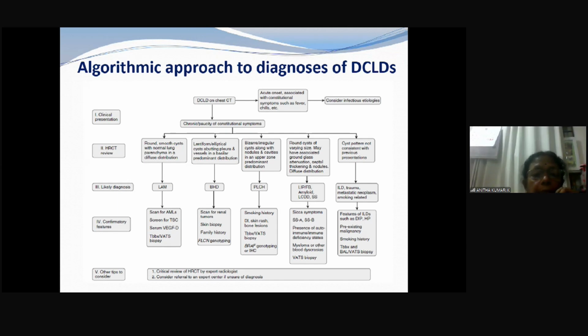The typical shapes, we said: smooth round cysts suggest LAM, lentiform or elliptical suggest Birt-Hogg-Dube, bizarre shaped suggest PLCH, and round cysts of varying size associated with ground glass, think of LIP. Then you do the confirmatory tests which I have described, and then you can come to a safe diagnosis.